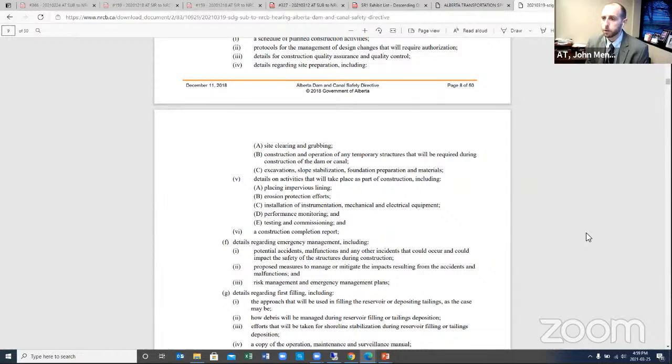So if you're talking about a gate system, the commissioning of that gate system would consist of the operation of those gates through the full cycle as an expectation of the commissioning process.